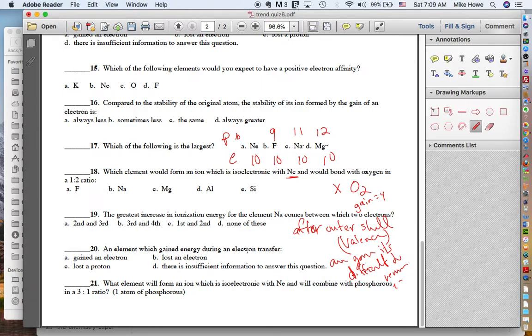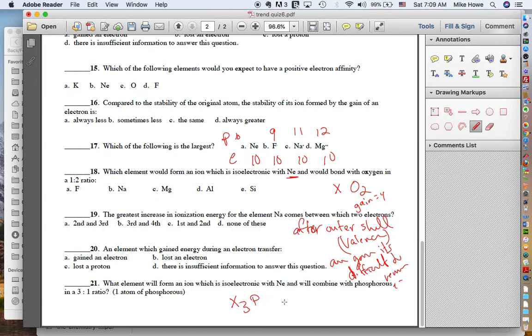Okay, an element which gained energy during an electron transfer, go back and review that section of the video. And then the element that forms an ion isoelectronic with neon and combines with phosphorus in a 3-to-1 ratio, that means 1 atom of phosphorus, that means X3P.